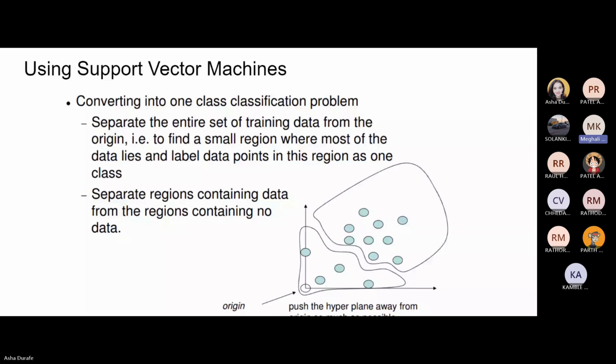As we have seen in SVM, this is how the hyperplane can be created. You have to push the hyperplane away from the origin as much as possible, as you can see in this diagram. Then you have to separate the regions containing data from the regions containing no data. Right? So this is the challenge here in SVM.